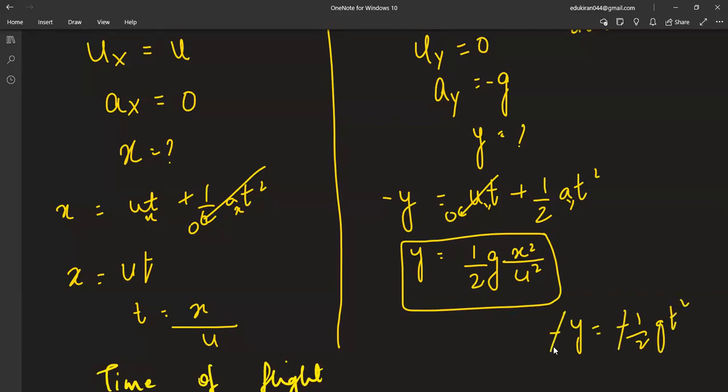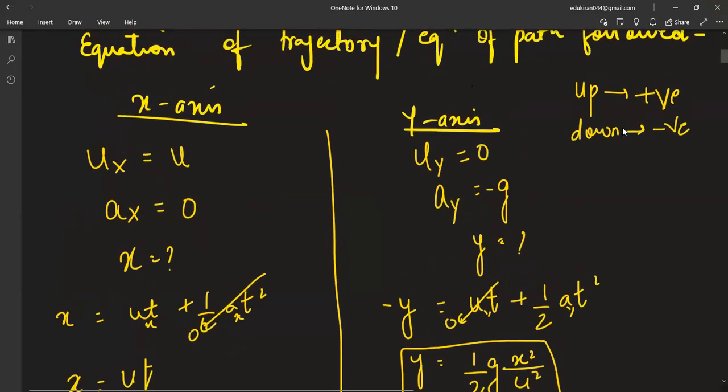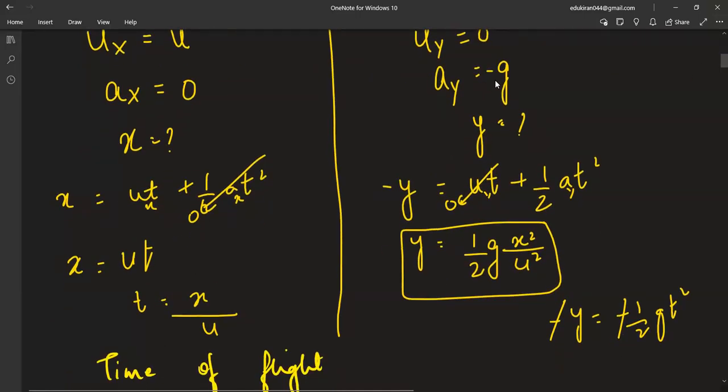This minus and this minus have cancelled each other. All right. And suppose if you take the sign convention opposite, you take downwards as positive. In that case also, this will be positive and this will become positive. Now it's clear, Harsha? Yes, ma'am. All right. Note this down, then a very small derivation again for time period.